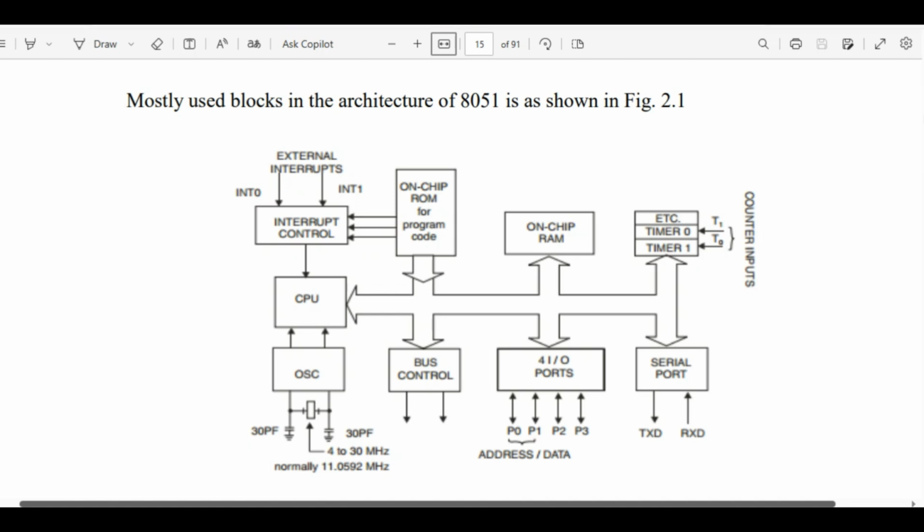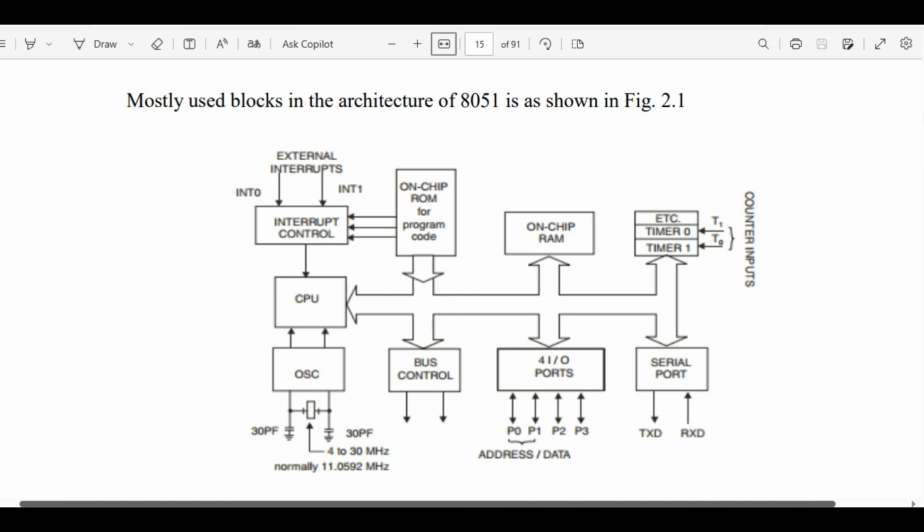Then we go to the 4 I/O ports: port 0, port 1, port 2, port 3. These are like the castle's windows and doors. The robots can look out to see what's happening outside or let information come in.